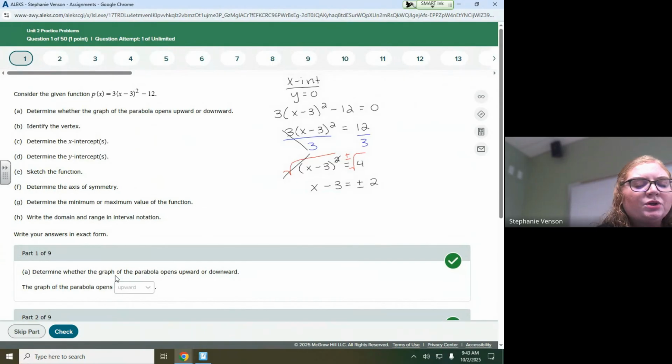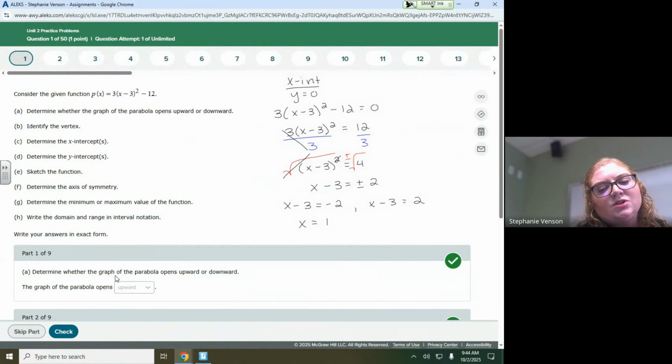So that means we really have two equations. x minus 3 equals -2 and x minus 3 equals +2. So if we add 3 to both sides on the first one, -2 plus 3 is 1. Add 3 to both sides on the second one, x equals 5.